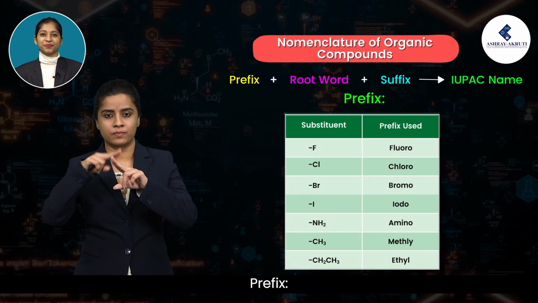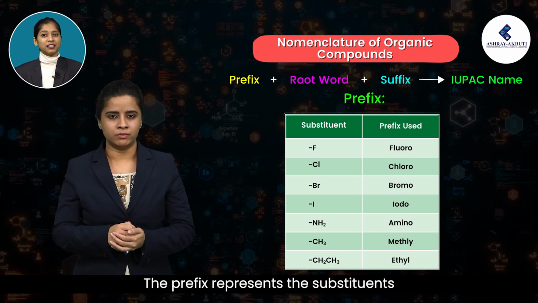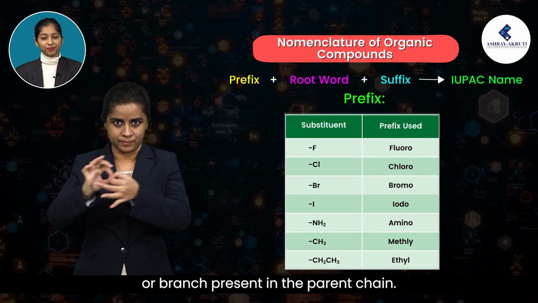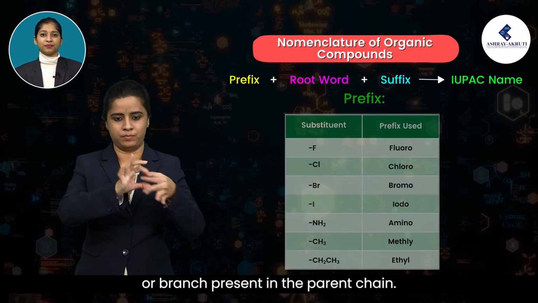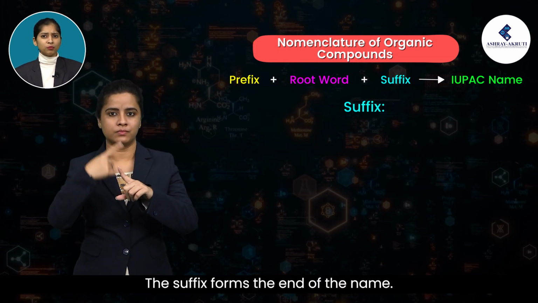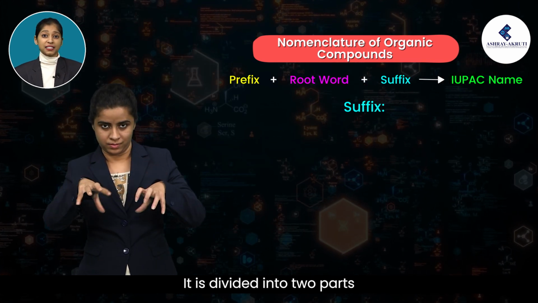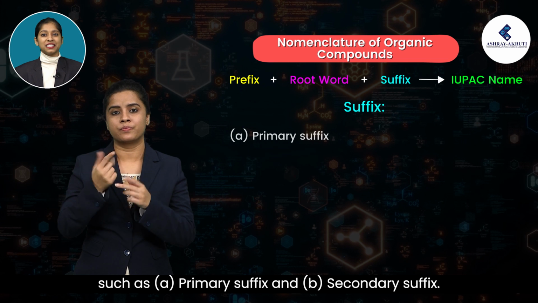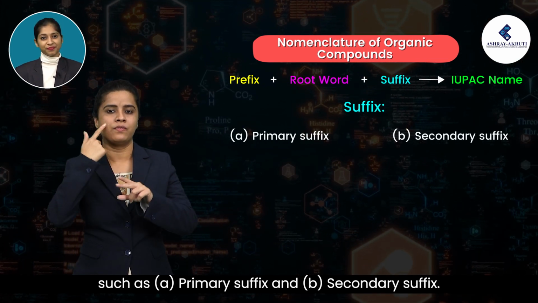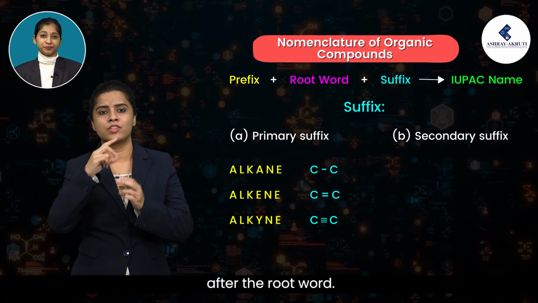Prefix. The prefix represents the substituents or branch present in the parent chain. Suffix. The suffix forms the end of the name. It is divided into two parts such as primary suffix and secondary suffix. The primary suffix comes after the root word.